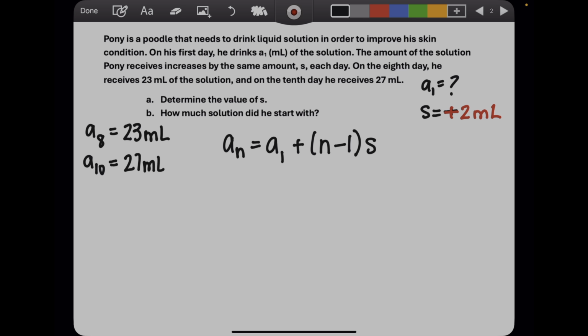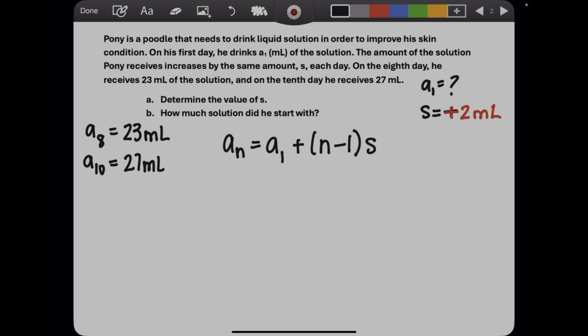The cool thing is that now we know the common difference, also known as S in this problem, and we know what he had on the 8th day. So we can plug in the values for that day in particular.